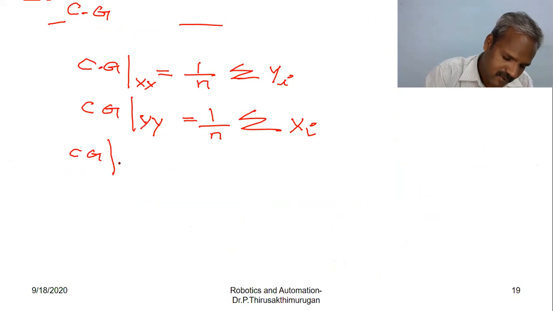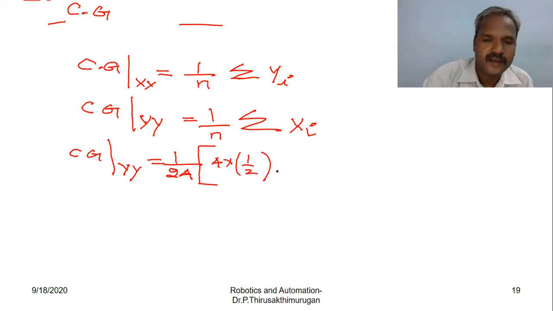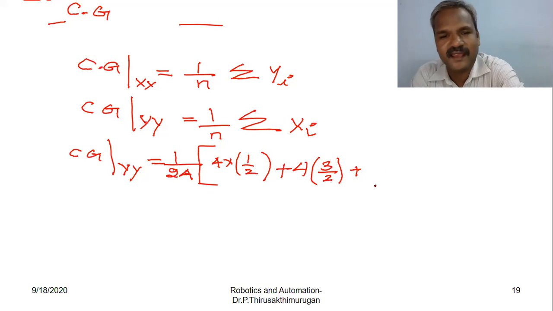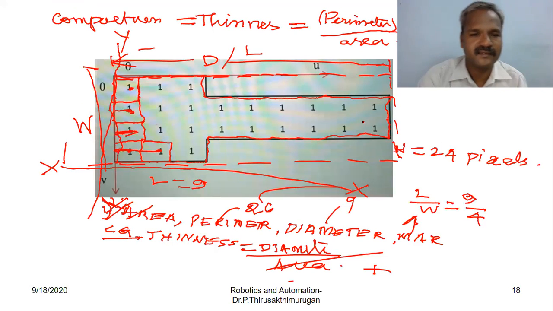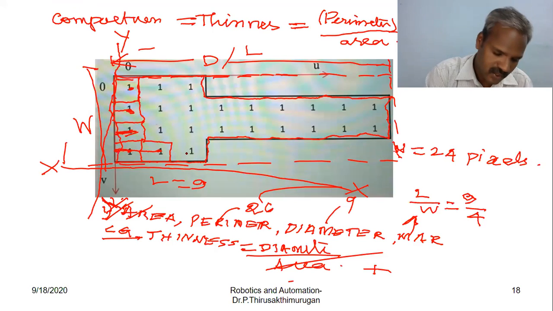Center of gravity about y axis equals 1/24 into (4 into 1/2) plus the next pixel, also 4 pixels are there but the midpoint is 3/2. Plus another 4 pixels here, what is the middle point from here? 5/2, sir. Very good.